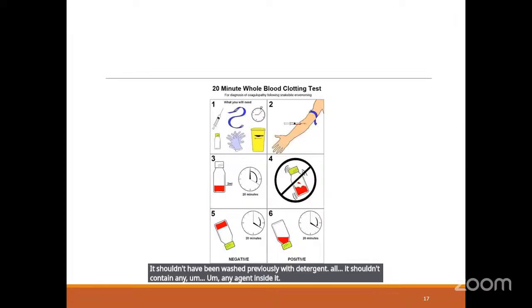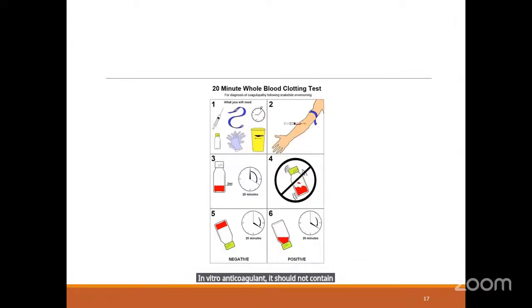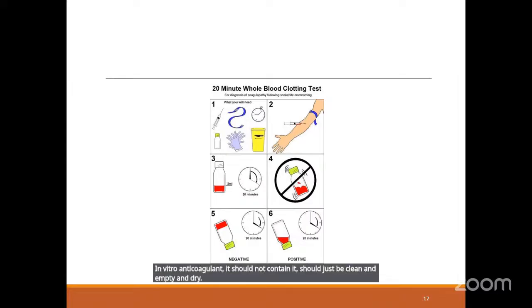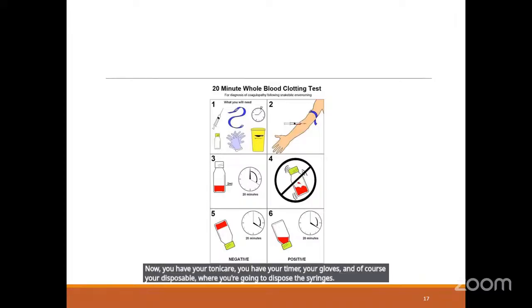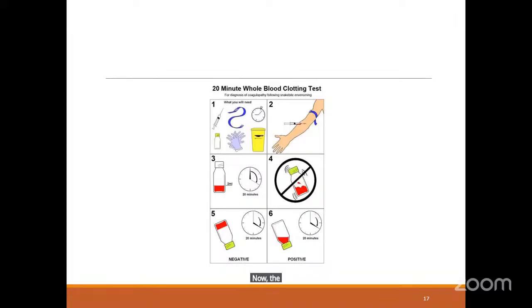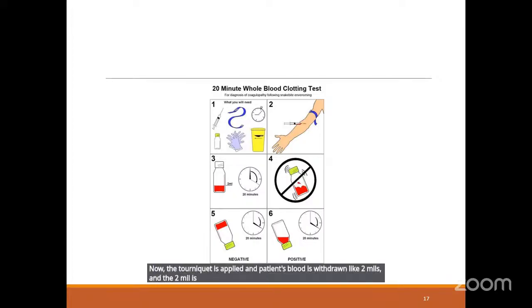It should not contain any in vitro anticoagulant. It should just be clean, empty, and dry. You also need your tourniquet, your timer, your gloves, and of course your disposable container where you're going to dispose of the syringes. The tourniquet is applied and 2 ml of the patient's blood is withdrawn, put inside the test bottle, and timed.